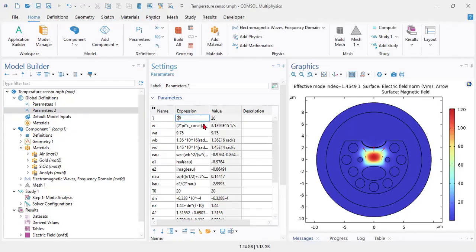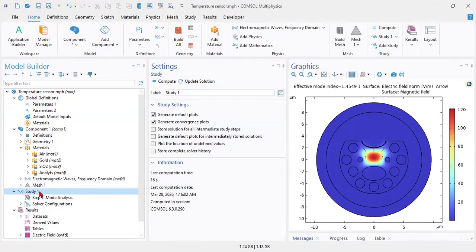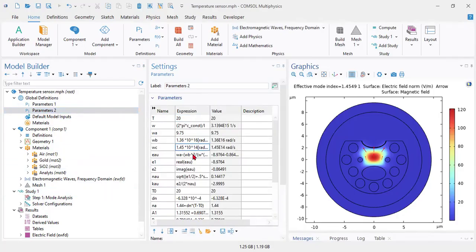When it is 80 degrees Celsius, then Na is 1.40, but when it is 20 degrees, then it is 1.44, right? So what we have to do now, we have to simulate the model. Let me check. We put 20 degrees, it's fine.